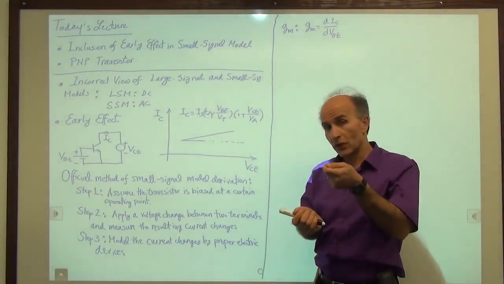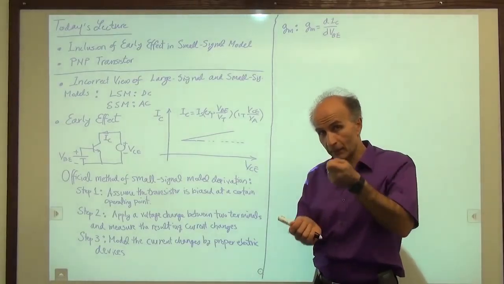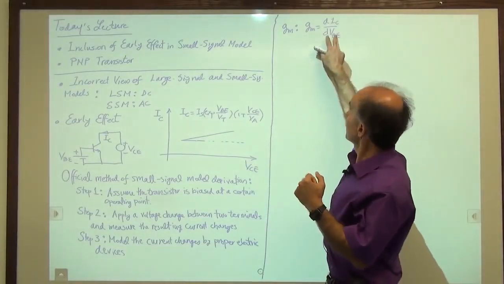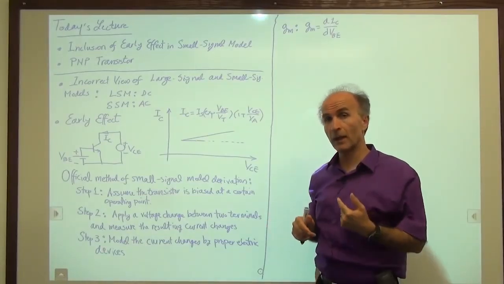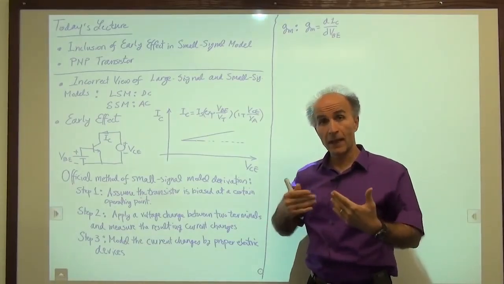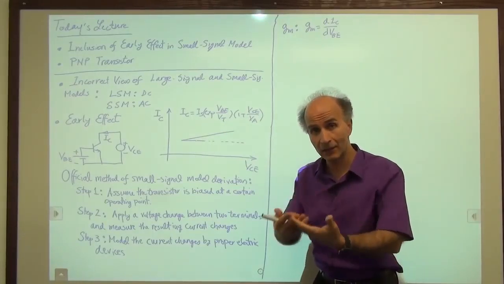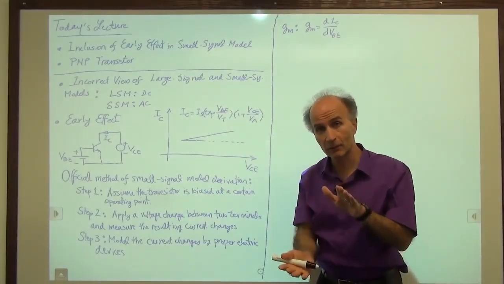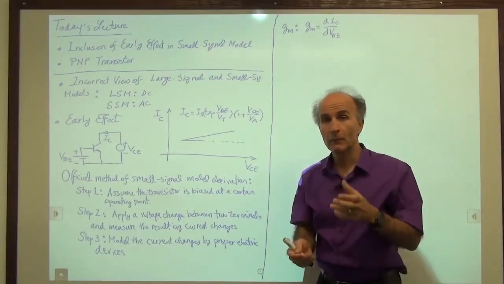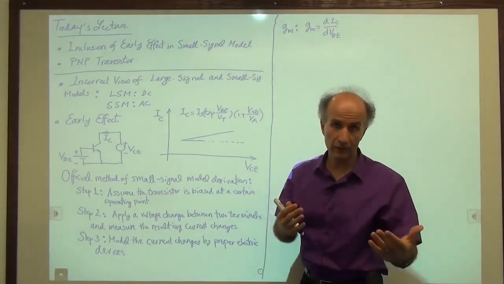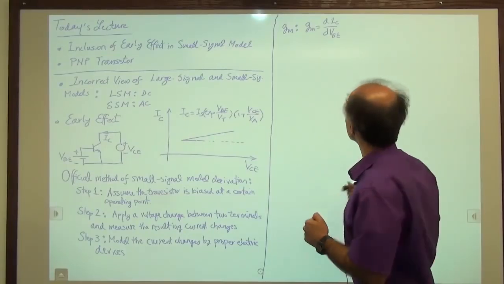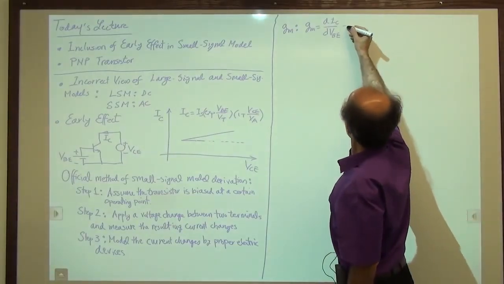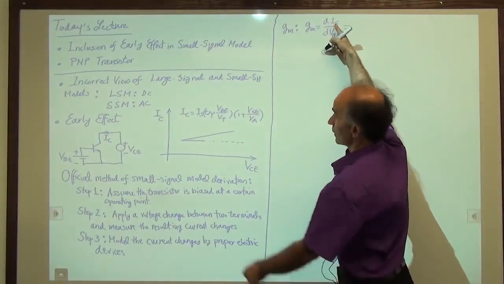And now we go and change the base emitter voltage by some small amount, delta VBE, and we would like to see how much the collector current changes by. That is emulating the case of a signal coming in. If a signal comes to the base emitter voltage, it wants to change it by a small amount, and as a result the collector current changes, and that's why we need to measure gm. Okay, so now we have to use the new equation for IC.